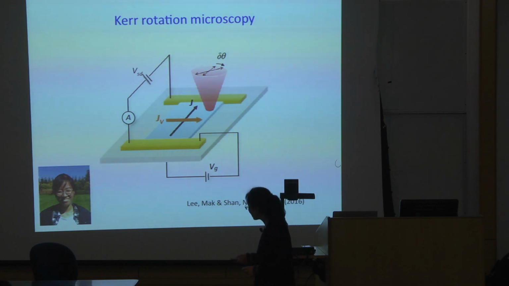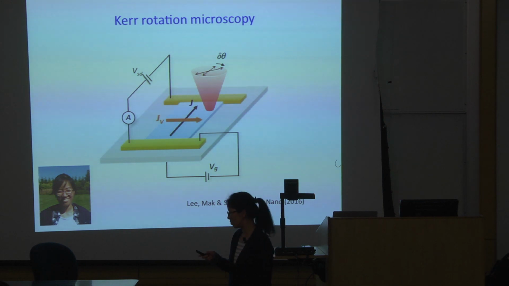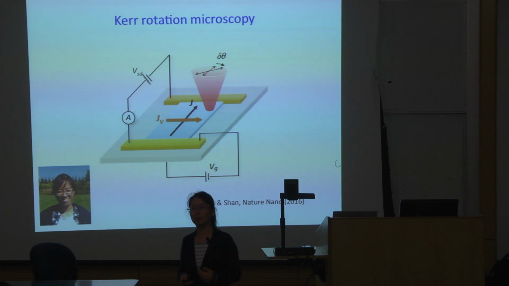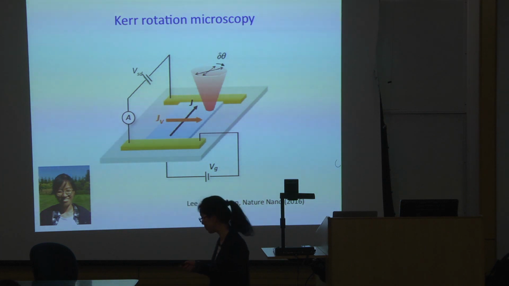So in 2016, we picked up this problem again. What we would like to do is to directly image the effect and study a little bit more of the transport of electrons with different valley flavors. Okay.